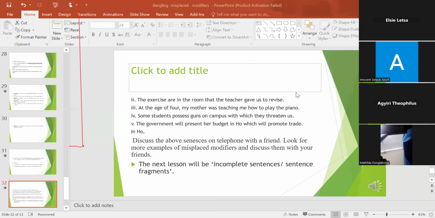Because the sentence says some students possess guns on campus with which they threaten us. You are not answering the question. How do you know from the construction that it is the campus? How do you know that the sentence is ambiguous?